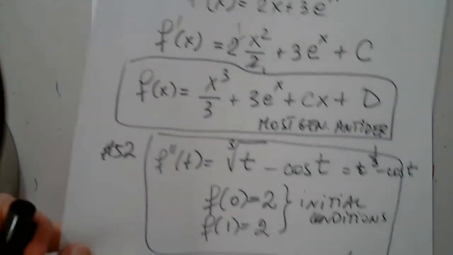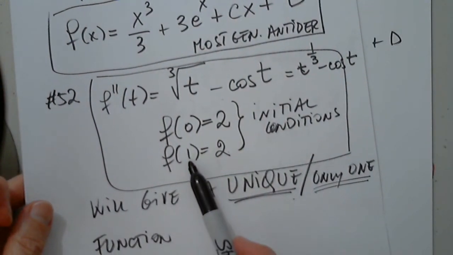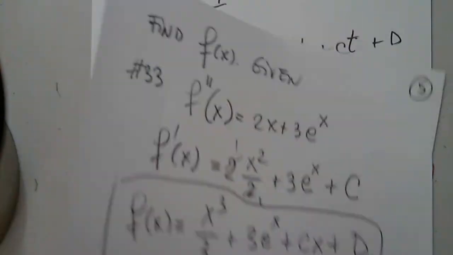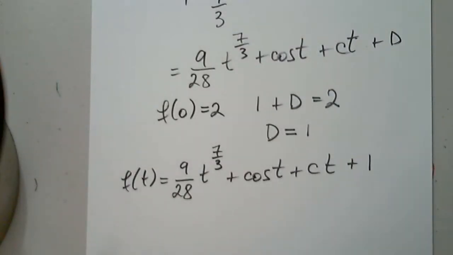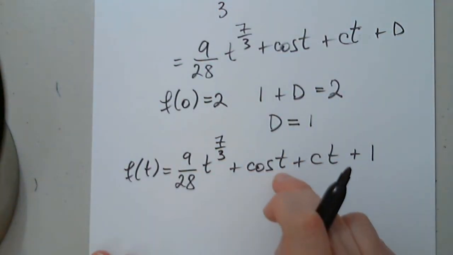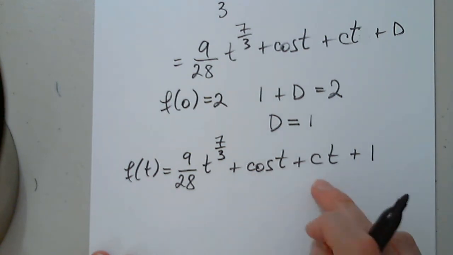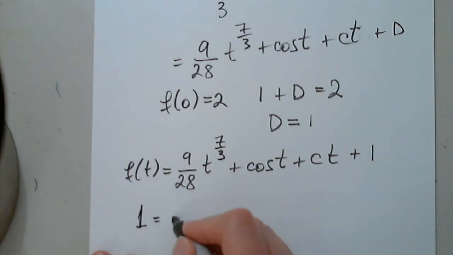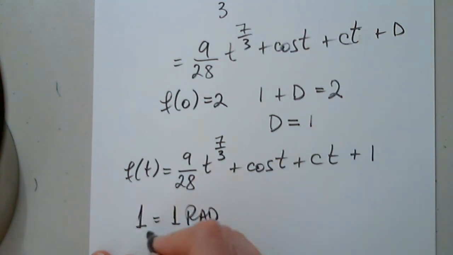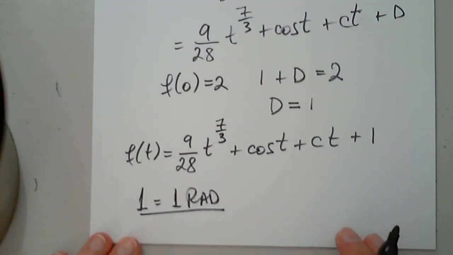I also have another condition. F of 1 is 2. Meaning, for this function, remember, 1 means 1 radian. It's not 1 degree.